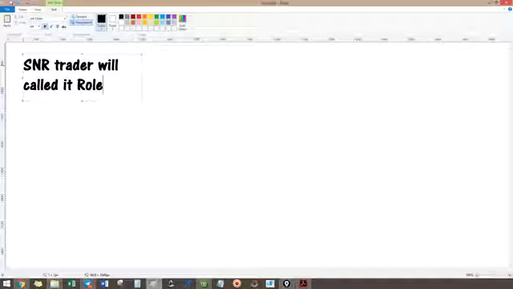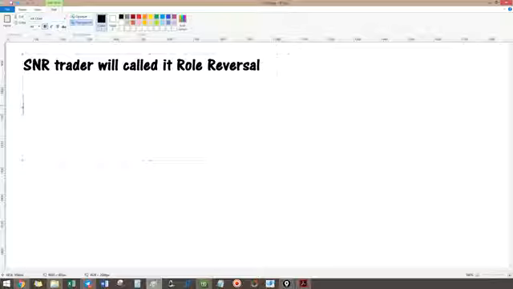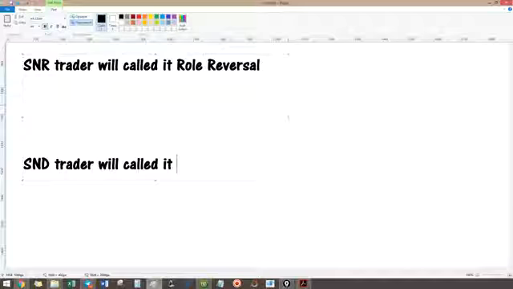The S&D trader, or supply and demand trader, will call it swap zone. These are two different people, two different types of trader.